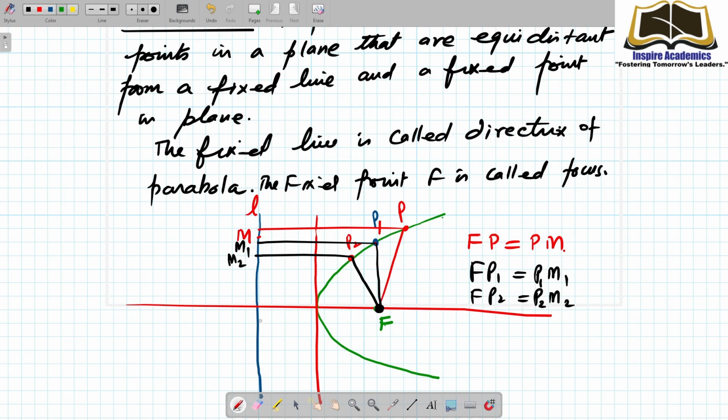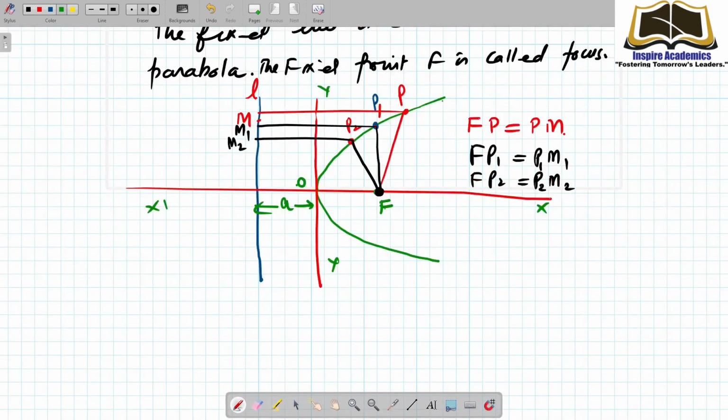So हम इस fixed line को let's say इसके distance को A कह देते हैं, और इसको x dash and y dash, and this is origin. Let us say like that. So we can take clearly P as x comma y, a general point, and F का जो point है वो हो जाएगा a comma 0.